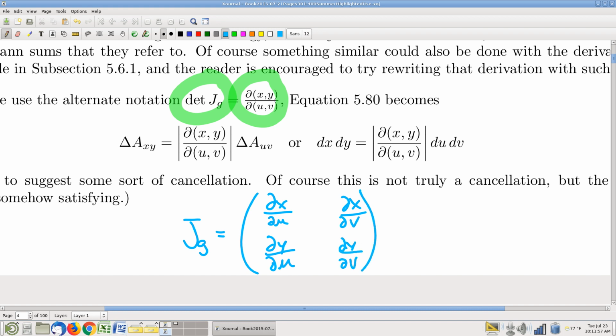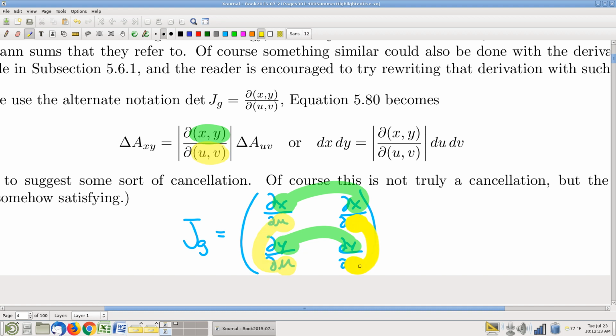And notice it is all of the partial derivatives of x and y with respect to the different input variables u and v. So, this notation's kind of plausible, right? It's just a shorthand way of saying all the partials of the output variables with respect to all of the input variables.